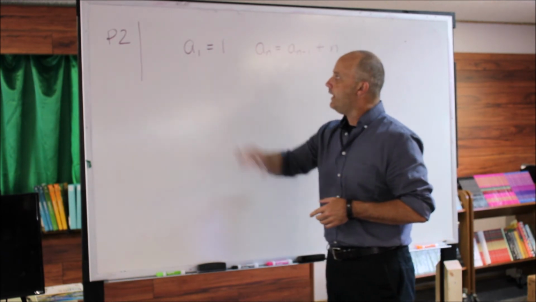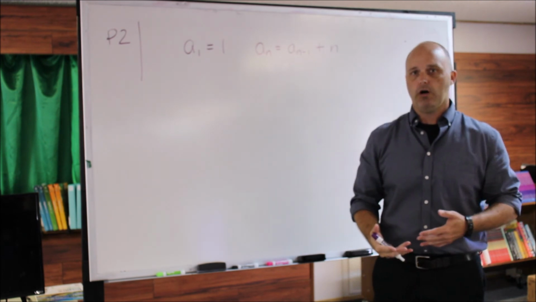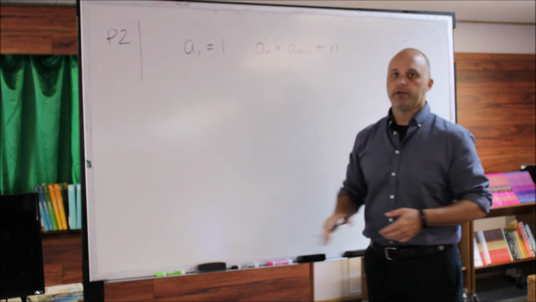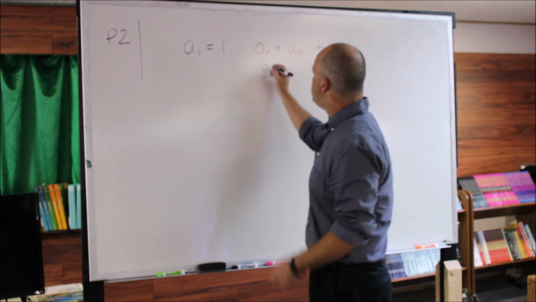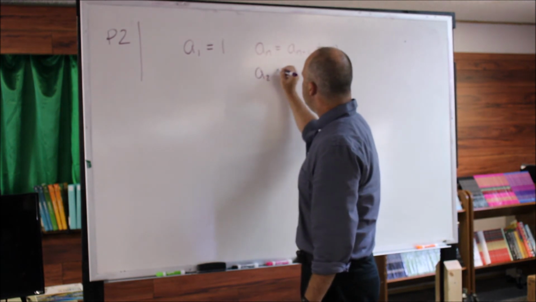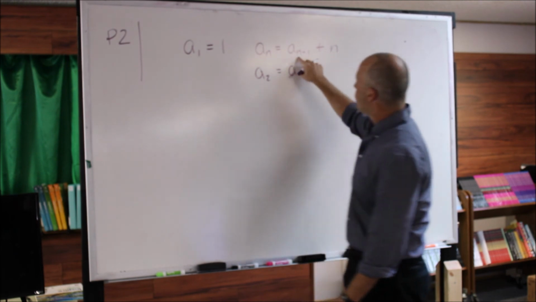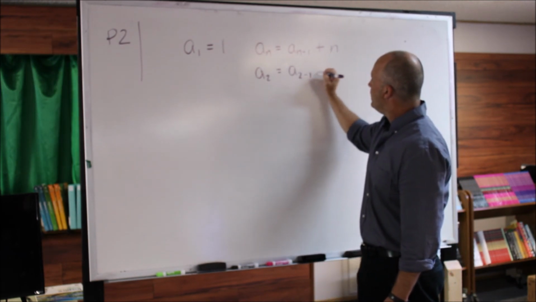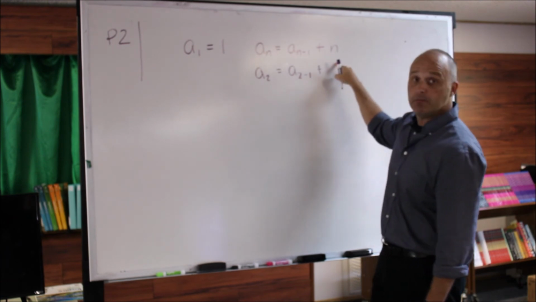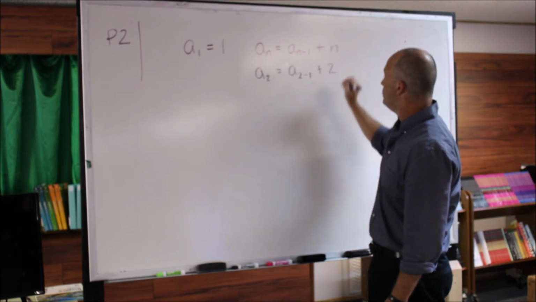So we're given that a sub 1 is equal to 1. And let's say that we're looking for the second term in the sequence. So we want a sub 2 is equal to a, and then we're going to put in 2 here, minus 1, plus, and again, this is going to be the second term in the sequence, so plus 2.